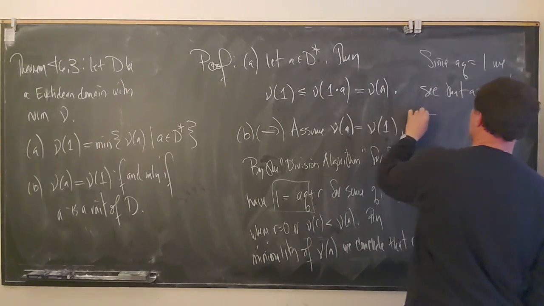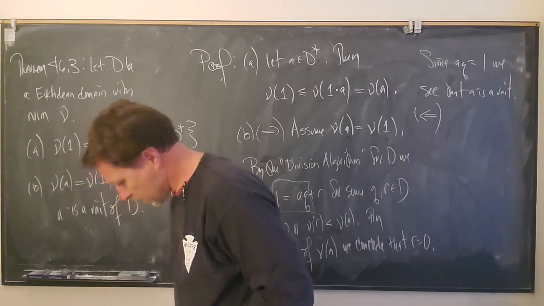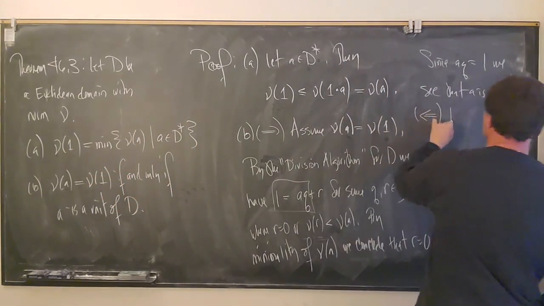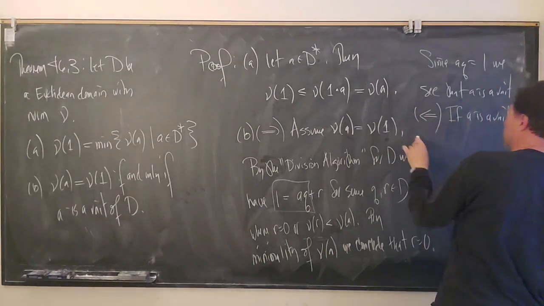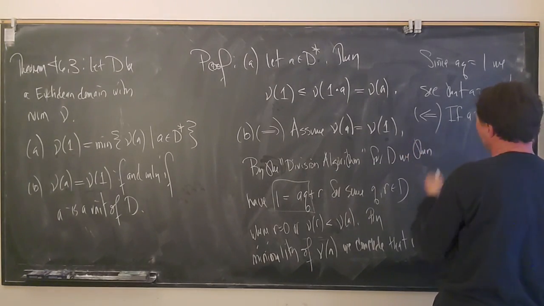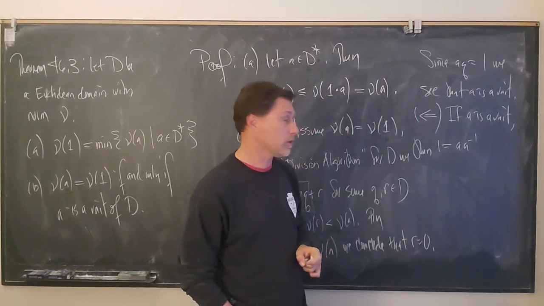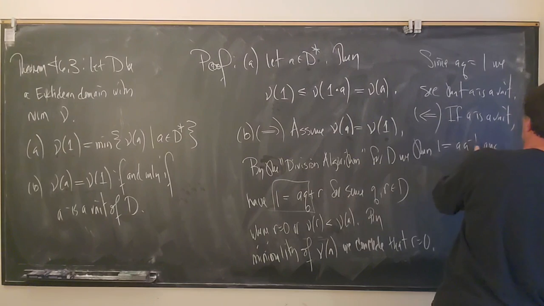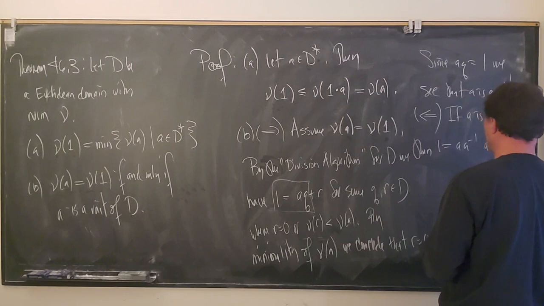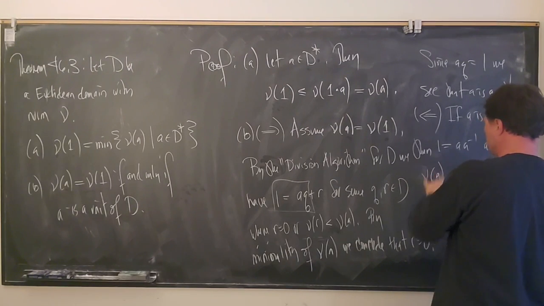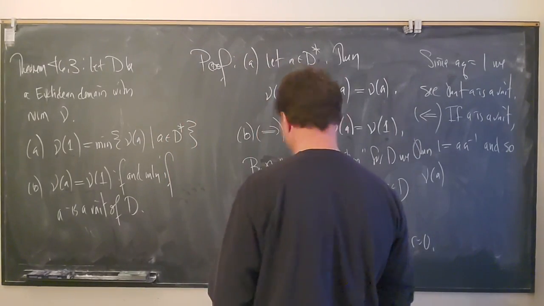In the reverse direction, let's see if I can squeeze it into this little section here. If A is a unit, then 1 is equal to A times A inverse. I want to show that the norm of A equals the norm of 1.